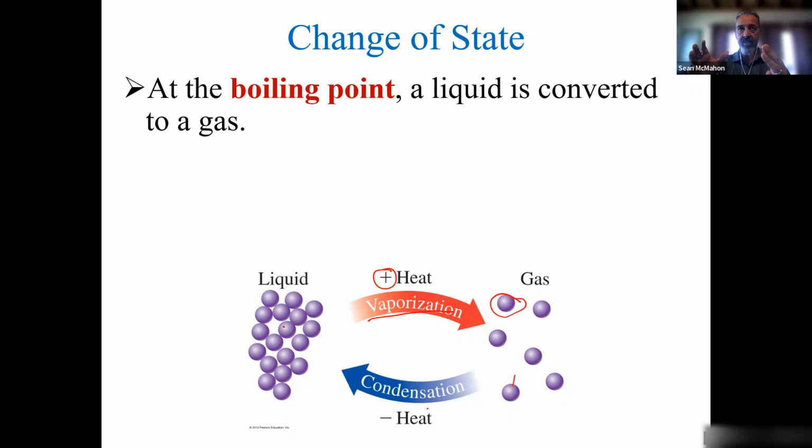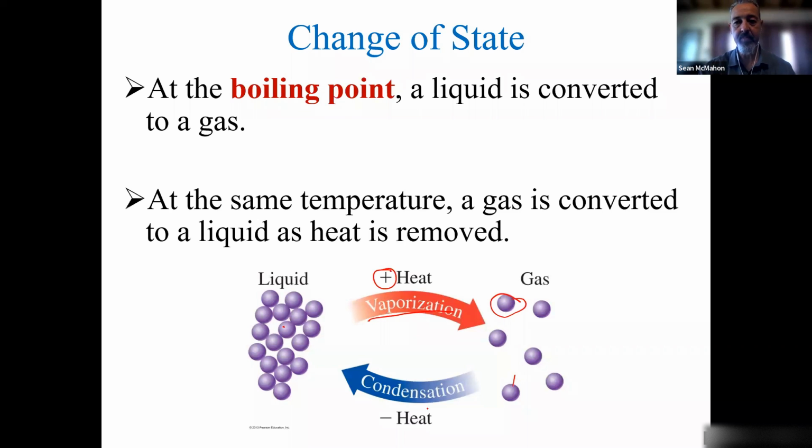And now what happens is it's transferred the kinetic energy to the can so that it vibrates more. But when it moves slower, now the molecules start sticking and you get a liquid. So at the same temperature, a gas can be converted to a liquid if you remove the heat, right? A liquid can be converted to a gas at the same temperature if you add heat. So that's tricky for people.